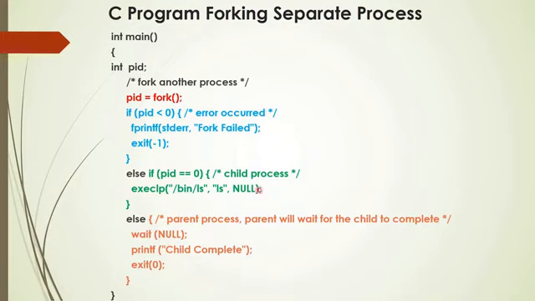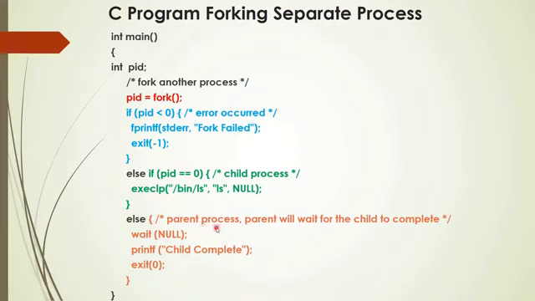The same code is copied for the parent also and the child also. The child executes this green section and the parent executes this orange section, because the PID value is different for parent and child: 0 for the child and a positive integer for the parent.